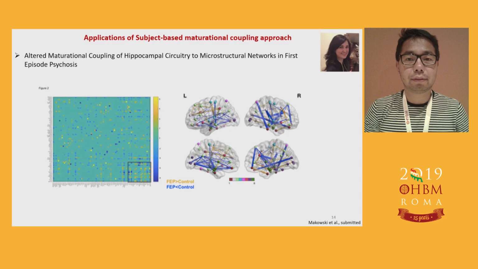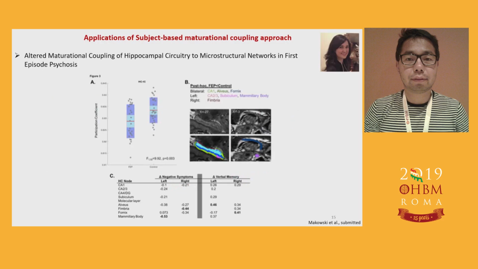And in all these blue highlighted regions, the maturational coupling index from hippocampus to the rest of the brain was lower for the subjects with first episode psychosis, and the yellow ones are the ones where it was higher.